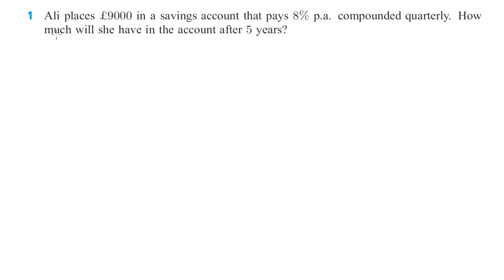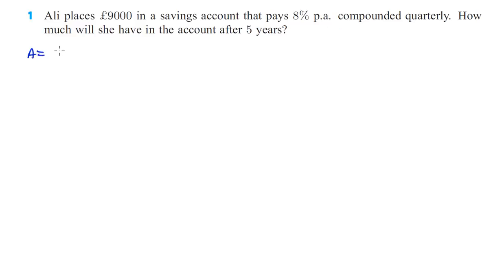The next number one, Ollie places 9,000 pounds in a savings account that pays 8% per annum, compounded quarterly. How much will she have in the account after 5 years? So let's set this up.